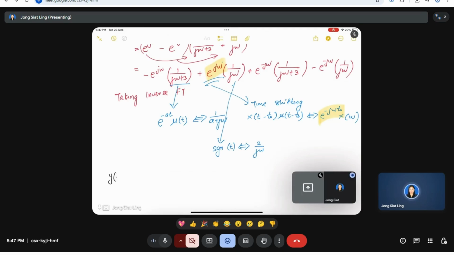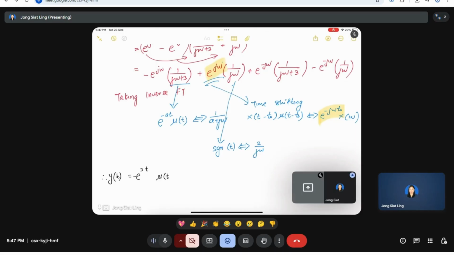So y(t), okay, exponent for this one, 1 over j omega plus 3, you can get exponent power of negative 3t u(t), right? So this part, you can get negative exponent 3t u(t).